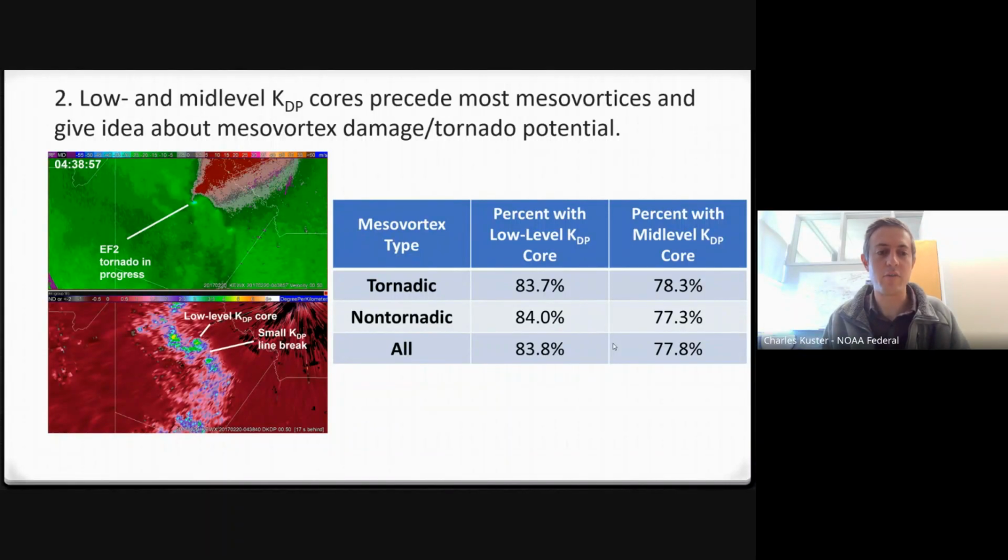They're trying to build confidence in mesovortex development. And as you get more and more of those confidence builders, that's when it can start to push you towards, okay, maybe this will be a tornadic mesovortex. So these signatures, whether it's a ZDR column or a KDP core, are common with mesovortices, whether they're tornadic or non-tornadic. They exist.